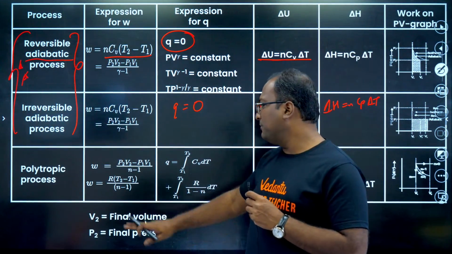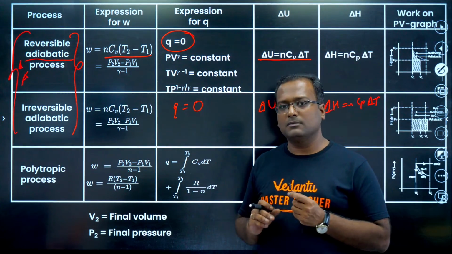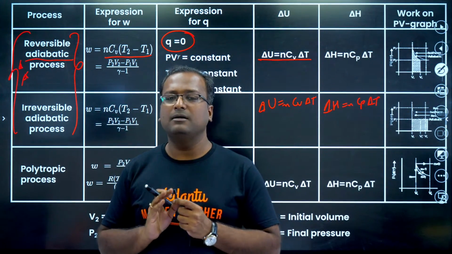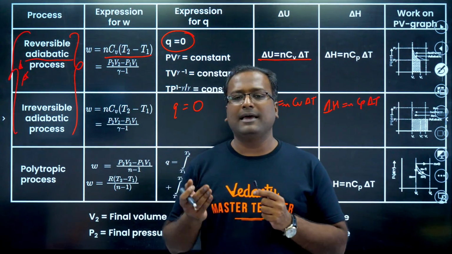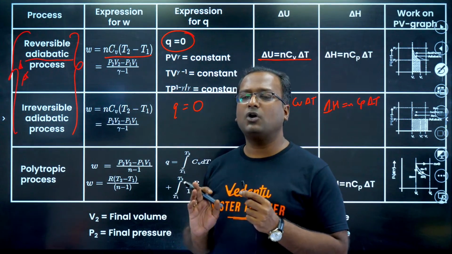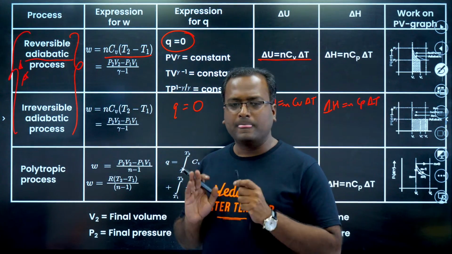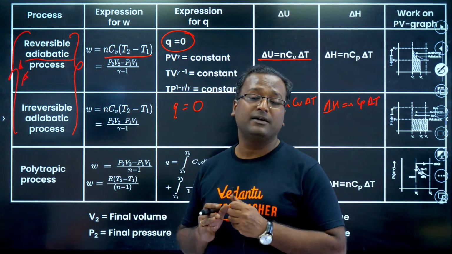Okay, guys, now coming to polytropic. What is polytropic process? In terms of formulae, you replace gamma with N. N is a number here which is not equal to gamma, which is not equal to your adiabatic gas constant. Okay? But if we talk about theory, guys, it's completely different.